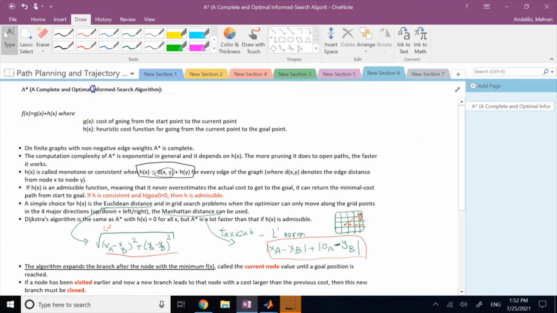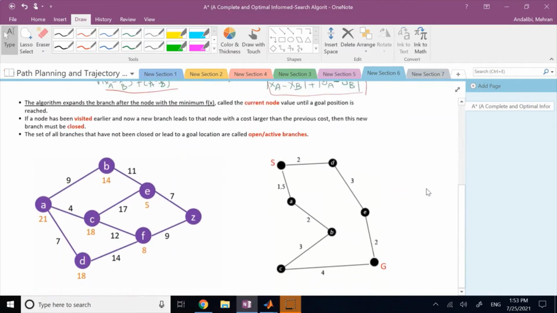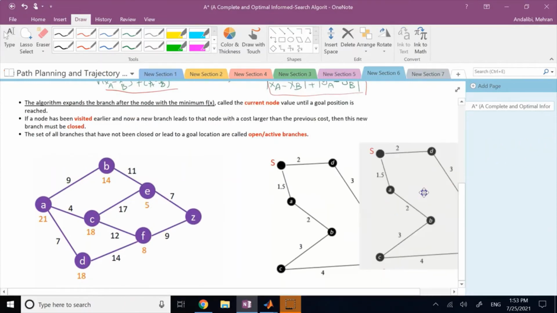That's why we call it informed search. It says don't give the same chance to all of the branches. Go into a branch that has minimal f value. And how do I know a minimal f value? A big portion of it is this heuristic. This helps me find which one leads to the goal faster with minimal cost. Okay, so let's solve these problems one by one.